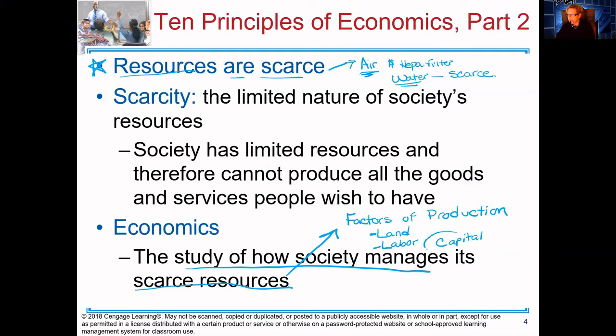The last one, capital, here is sometimes misunderstood because it means something different in society than it does here in economics. Most people in society think it means money, but in terms of economic thought, what we mean is anything that we use to produce a good or a service. So many times it is machinery.